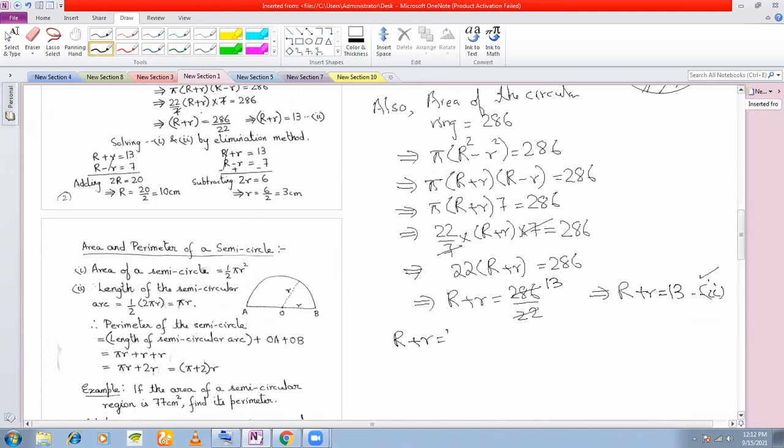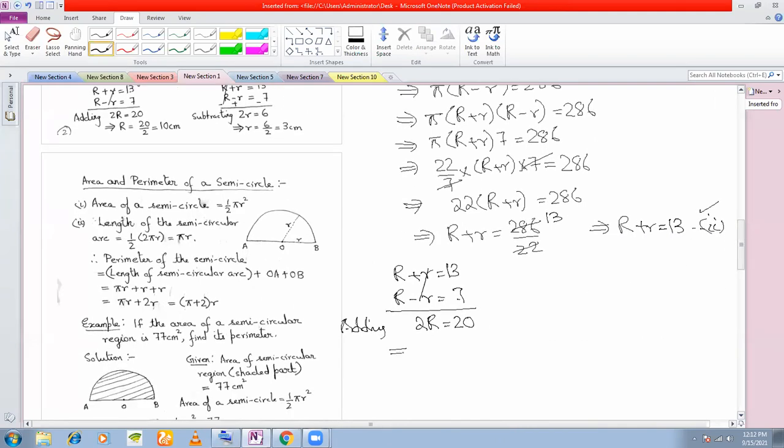R plus r is equal to 13. R minus r is equal to 7. Add the two equations. This will get cancelled. You get 2R is equal to 20. That means you get outer radius as 20 by 2, which is 10 centimeters. What about the inner radius?